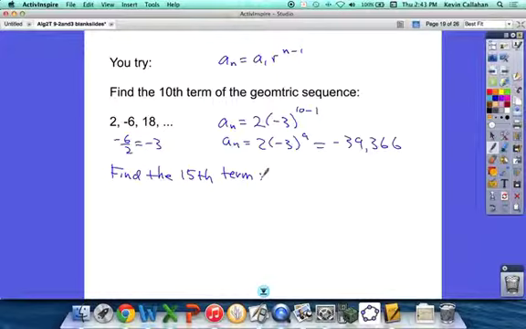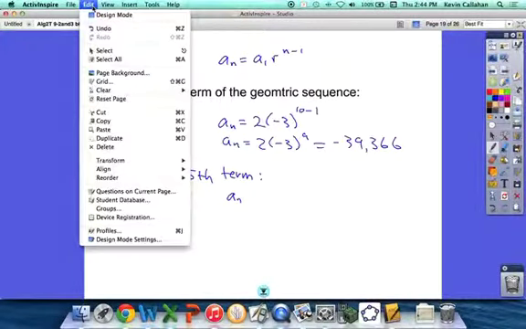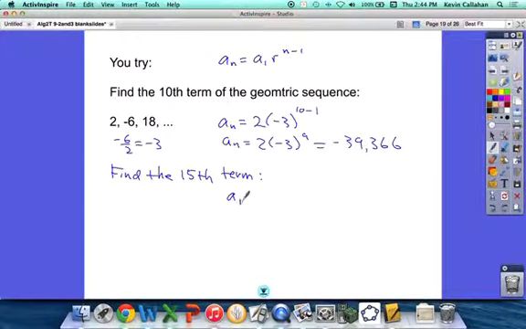Okay, so notice what happens here when I say An. A15 equals 2 times negative 3 to the 15 minus 1, 14, right? If you didn't put the negative 3 in parentheses before you raised it to a power, it's wrong, because it's not taking the negative to the 14th power.